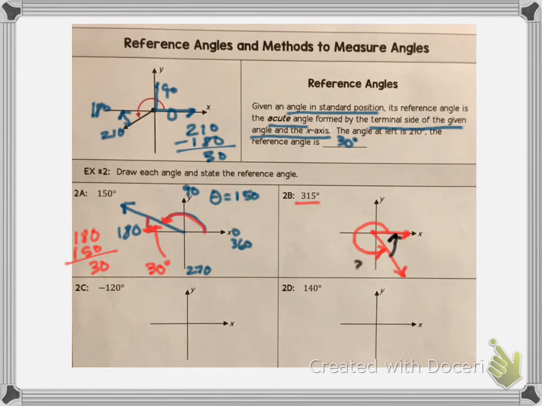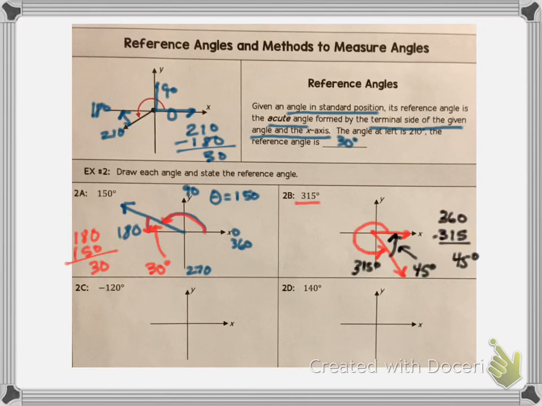So if this is 315, if I go a full revolution, it's 360. So the difference between 315 and 360 is going to be 45 degrees. So this is 45 degrees.